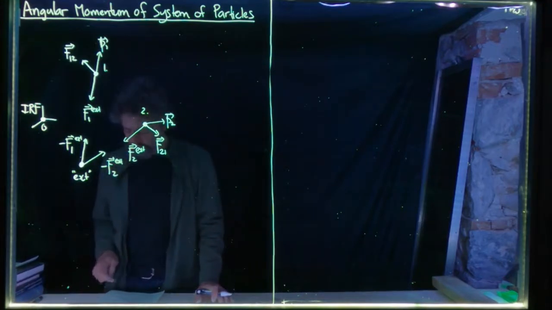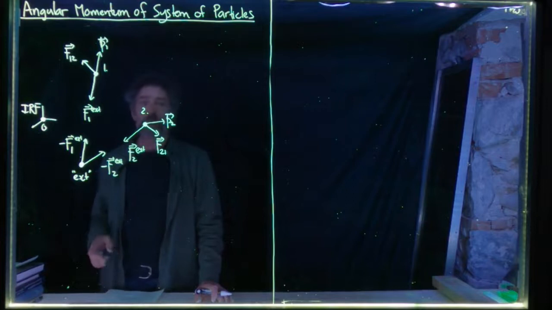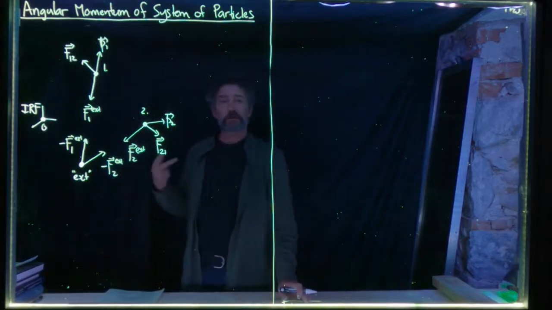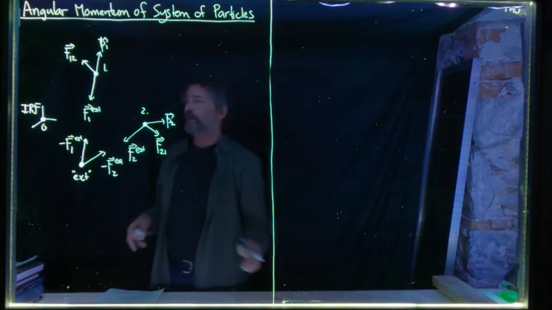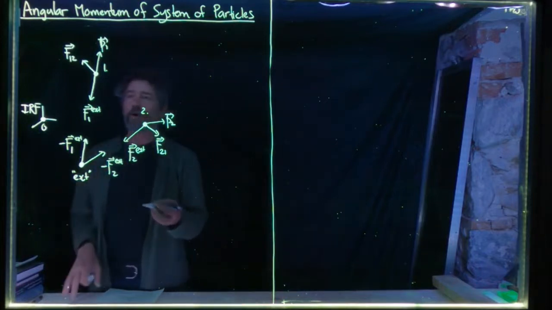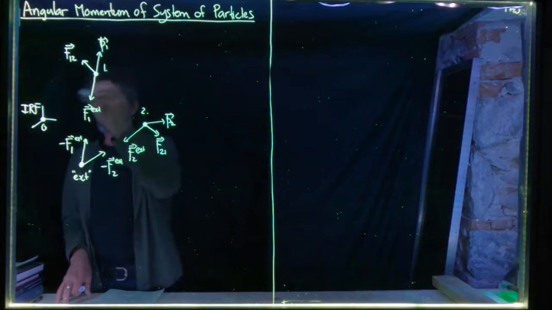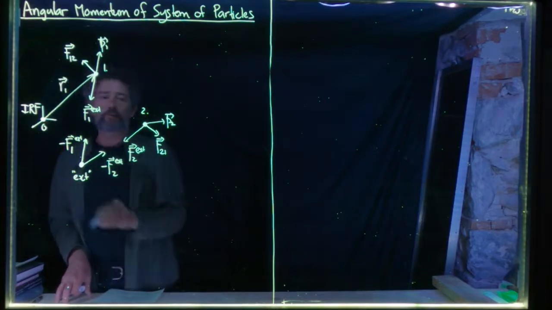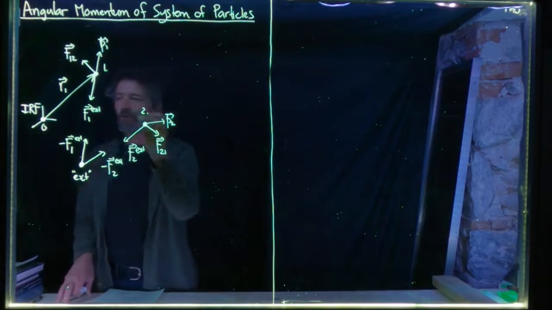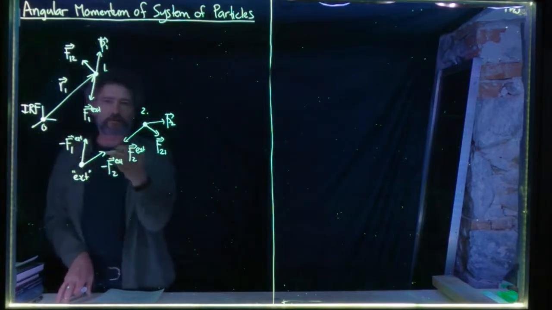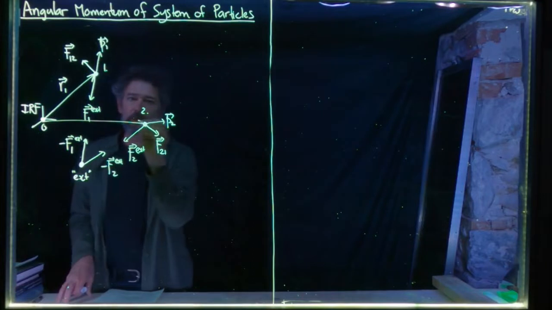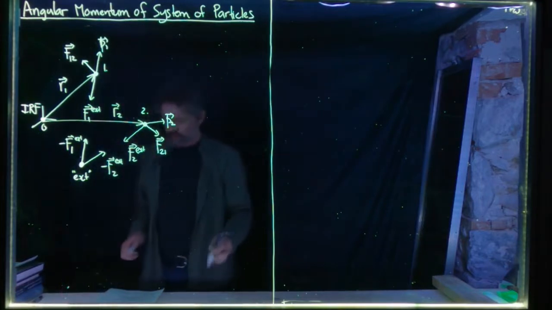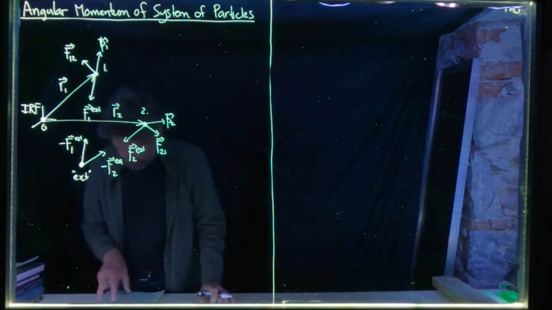Torque is R cross F, angular momentum is R cross P, so we need to identify the location of particle number 1 relative to O. That's the position vector R1. And the location of particle number 2 relative to O is the vector R2.